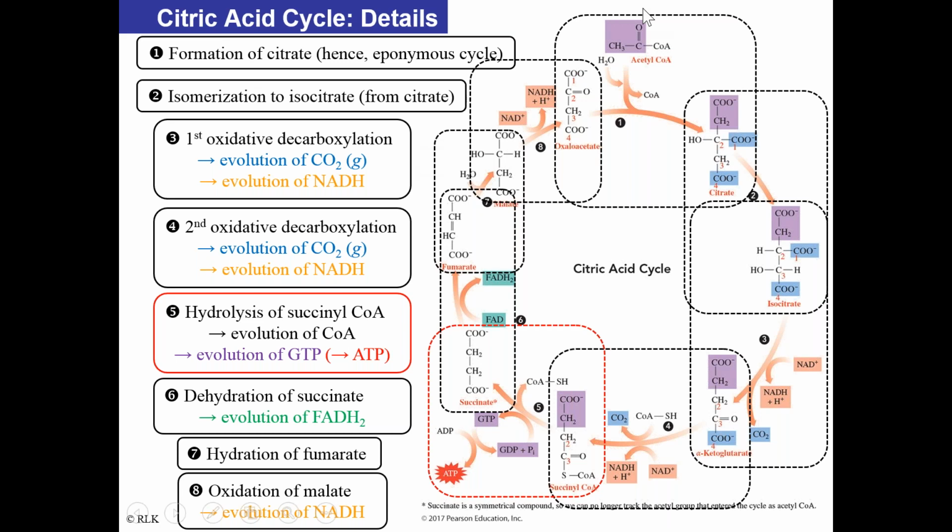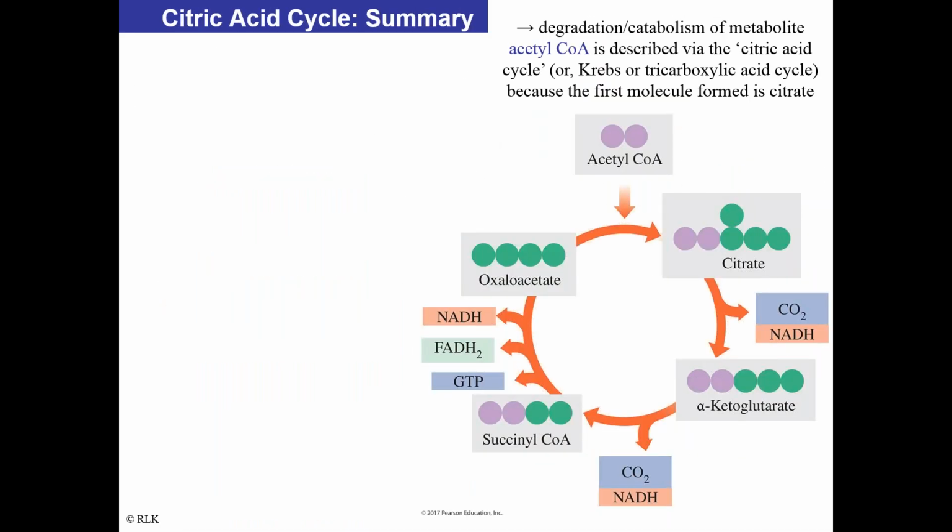So the whole point is you're generating energy in the cycle, and you can see how one goes to another to another. This is basically the summary of the citric acid cycle. You have the degradation catabolism of the metabolite acetyl coenzyme A. It's described via the citric acid cycle because the first molecule is citrate.